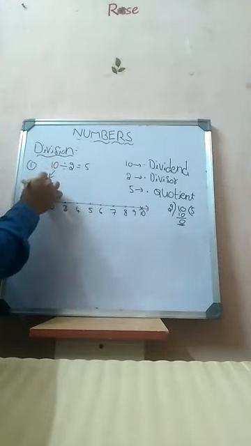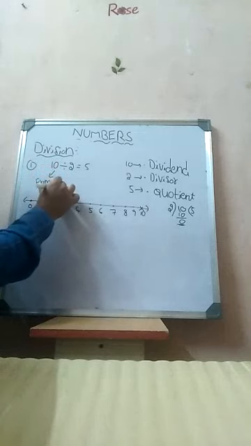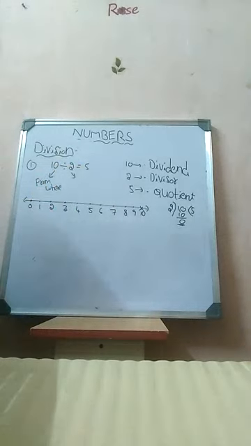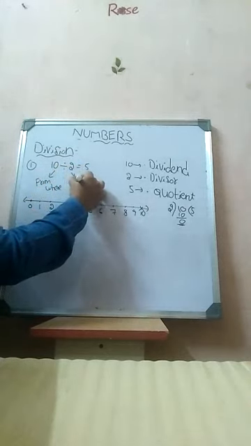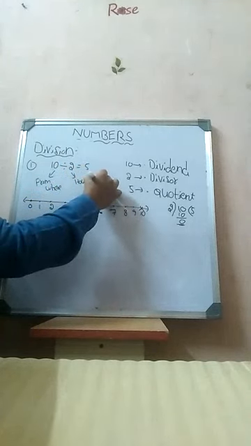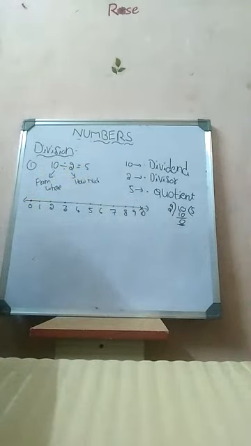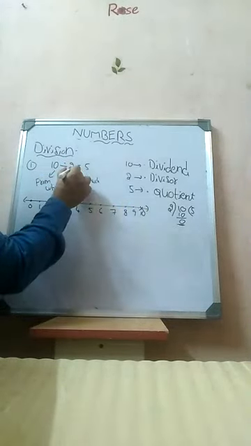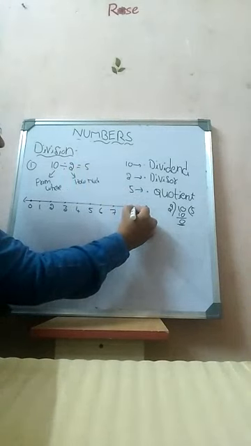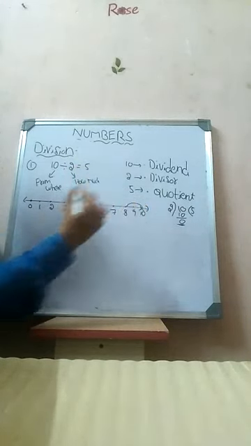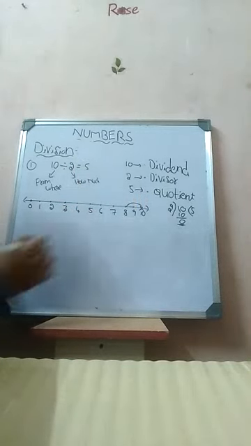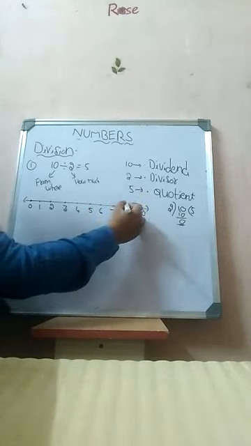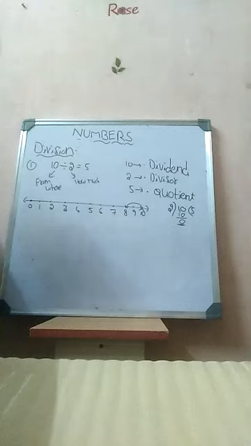So start from dividend, that is from 10, jump 2. So 1, 2. So jump 2 steps to the left of that number and we reach 8.